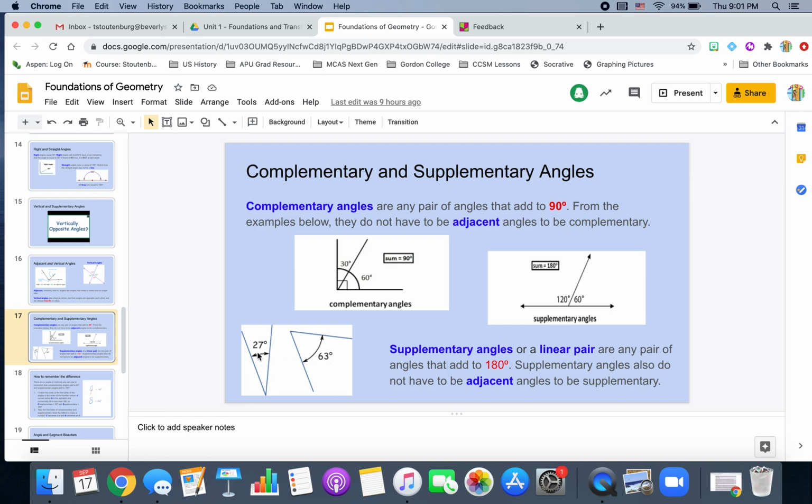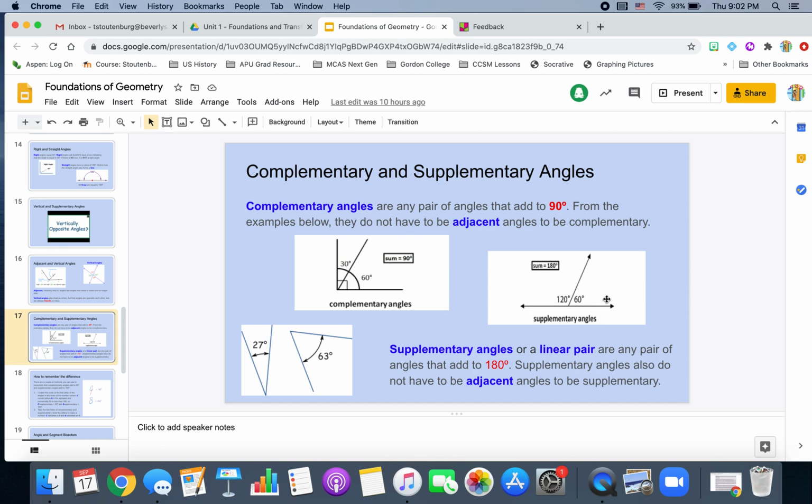So these two angles are also complementary, because the criteria for being complementary is just that they add to 90. They don't have to be adjacent, as they are in this particular example. These two angles, although we would call them non-adjacent or non-touching, add to 90, so they too are complementary.